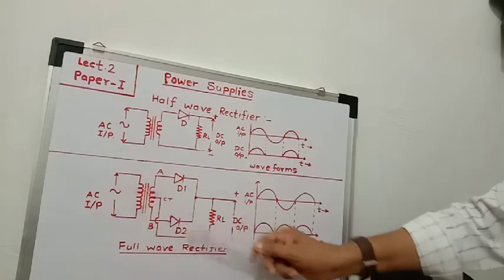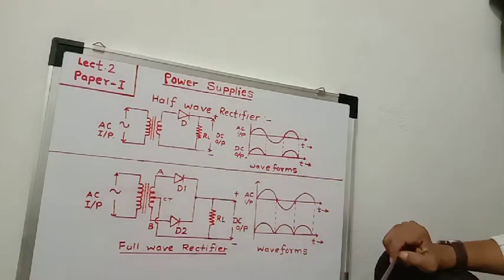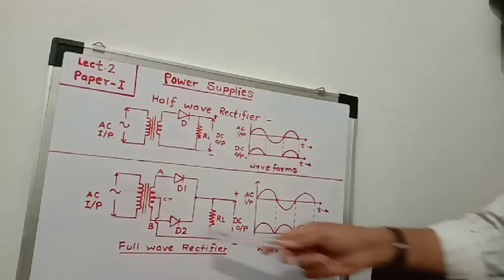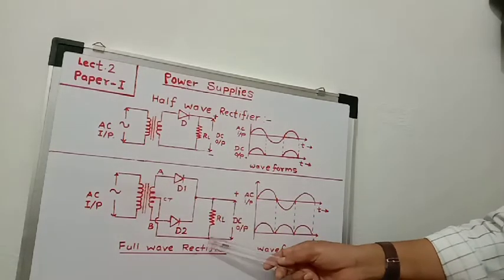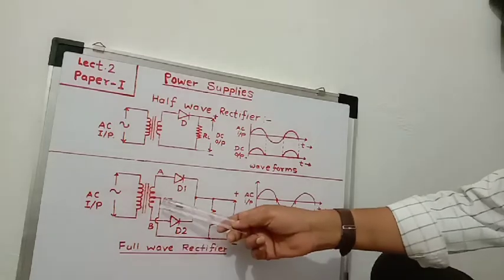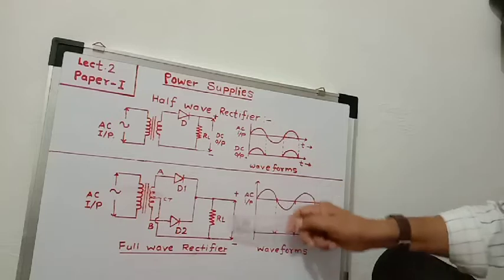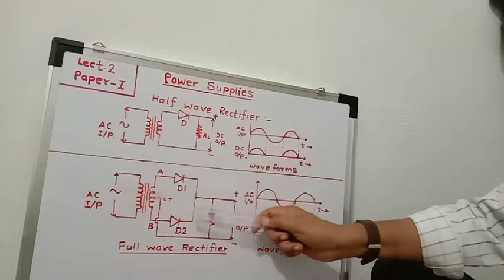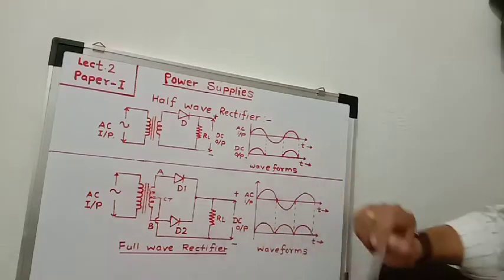Therefore, current flows through diode D1, through RL towards the center tap and again towards point A. Thus the circuit is completed and current flows through load resistance RL in only one direction.